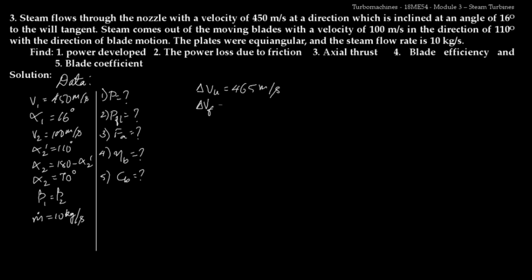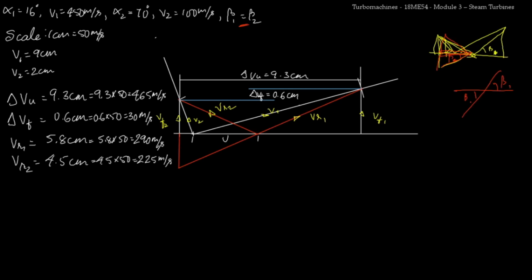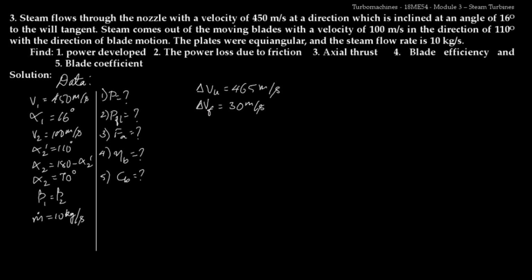Delta Vf is 30 meter per second. VR1 is 290 meter per second and VR2 is 225 meter per second.